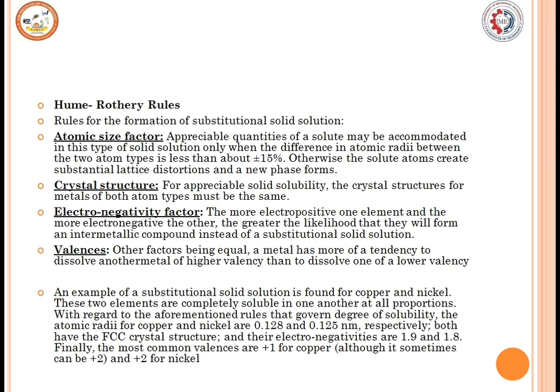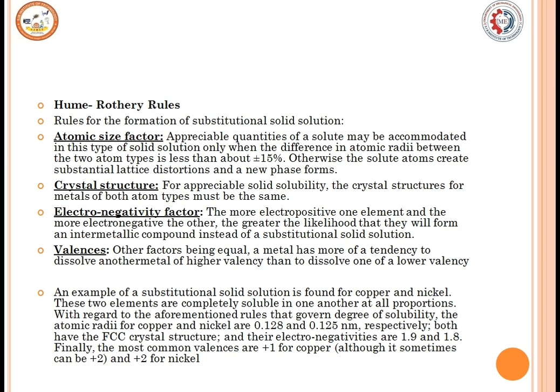For crystal structure, the crystal structure for metals of both atom types must be the same. For electronegativity, the more electropositive one element and the more electronegative the other, the greater the likelihood they will form an intermetallic compound instead of a substitutional solid solution. For valence, a metal has more of a tendency to dissolve another metal of higher valency than to dissolve one of a lower valency.